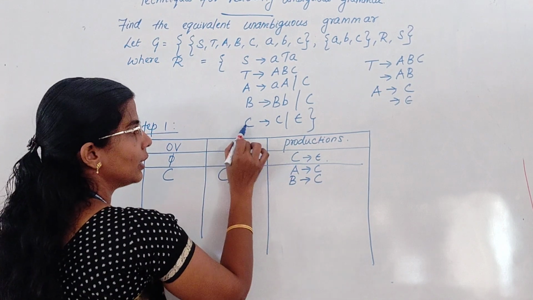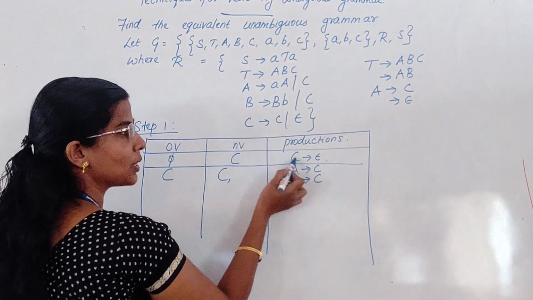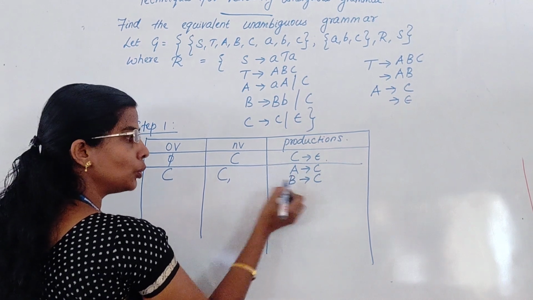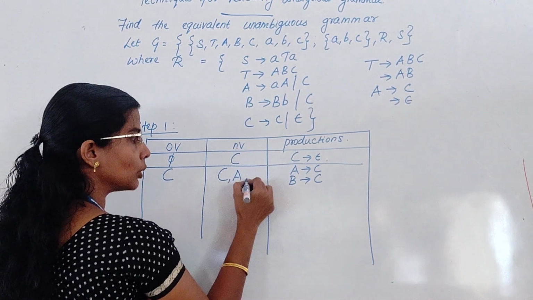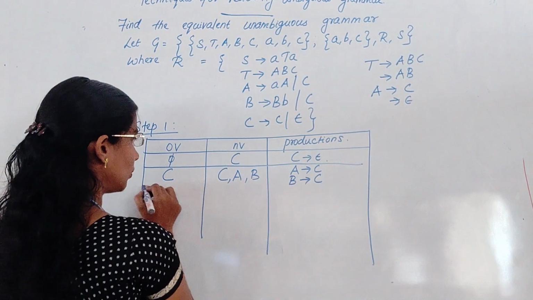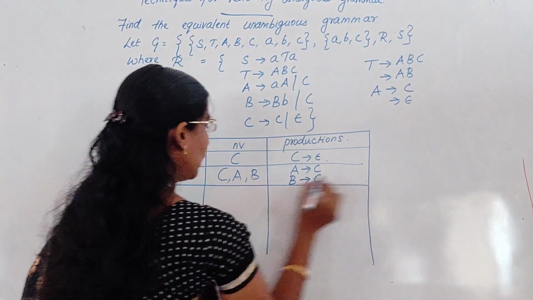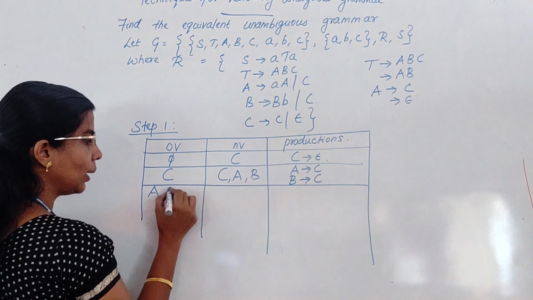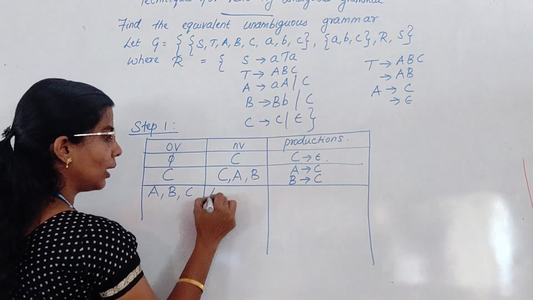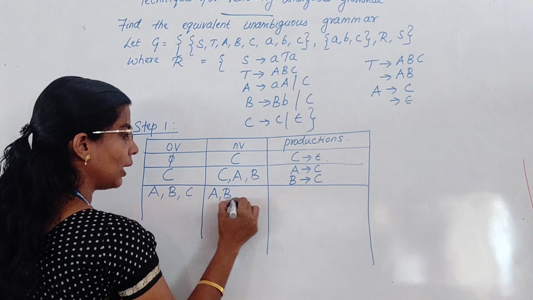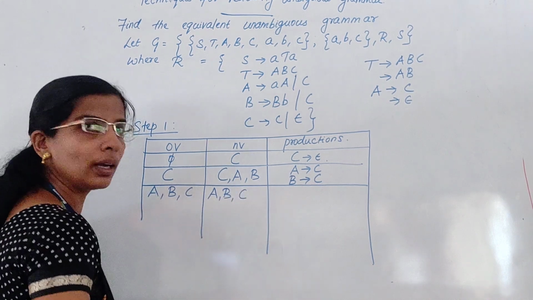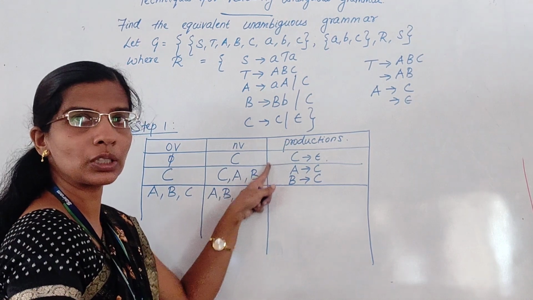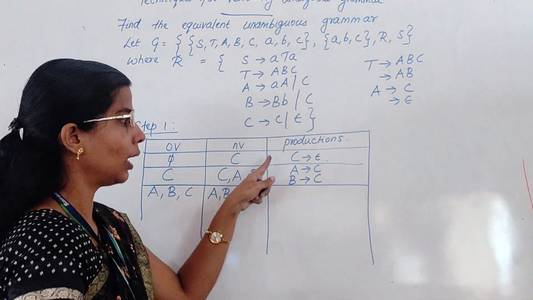Here again it is C tends to epsilon, which I already have. And now I got two new variables. Include both A and B. Now copy this new variable to old variable: A, B and C. Now use these productions.